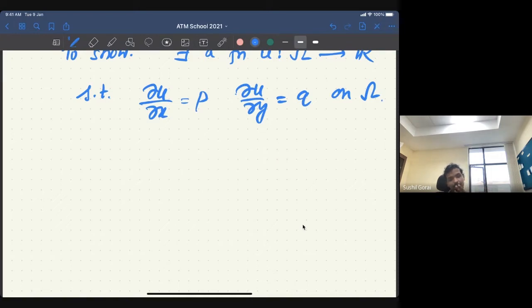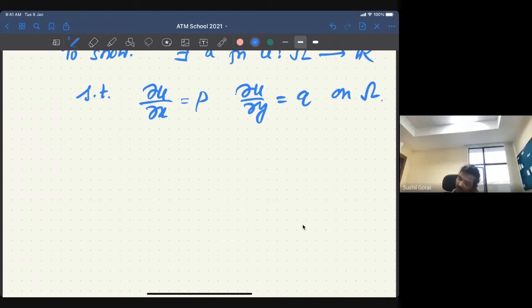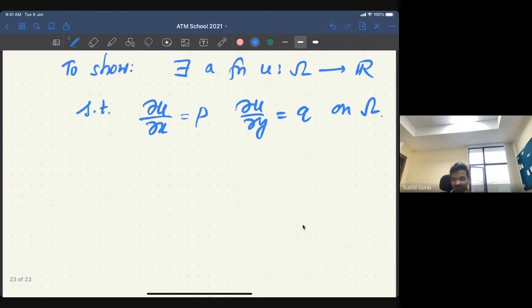So p dx plus q dy kind of functions, where p and q are given functions on omega.